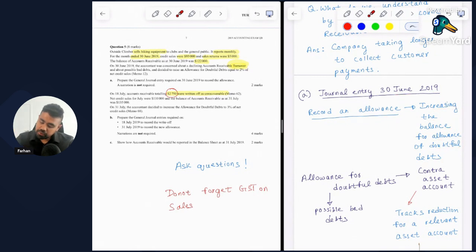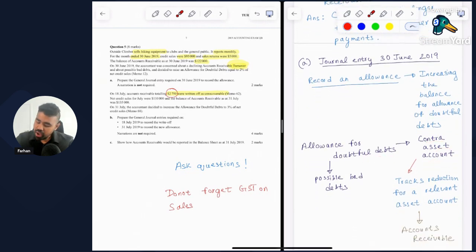Now, allowance for doubtful debts is what we refer to as a contra asset account. What is a contra asset account? A contra asset account tracks reduction for a relevant asset account, and the relevant asset account in this case is the accounts receivable, which refers to the credit sales, including GST, that we have made to our customers.